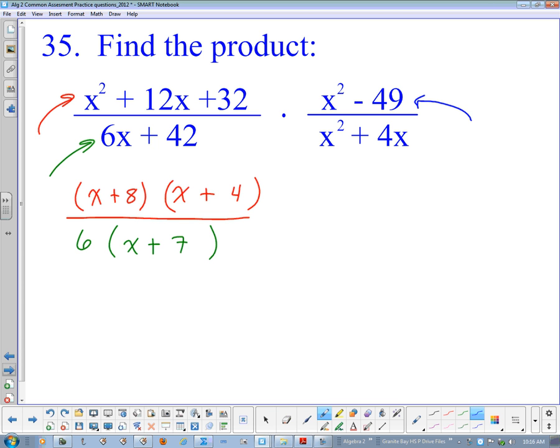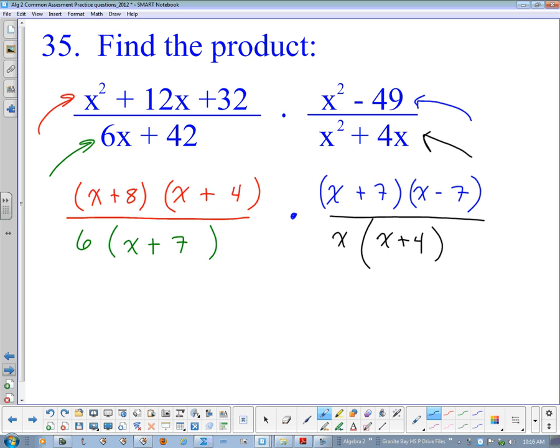Do we have to reciprocate it all? No, it's already multiplying. So it's multiplying by x squared minus 49, which is always easy to work with because it's a difference of perfect squares. In the denominator, I'm going to pull out the x. x plus 4.